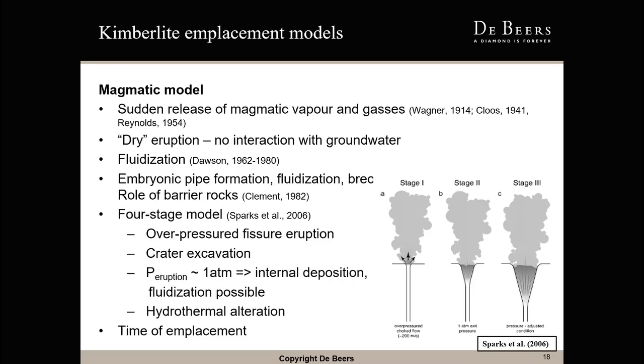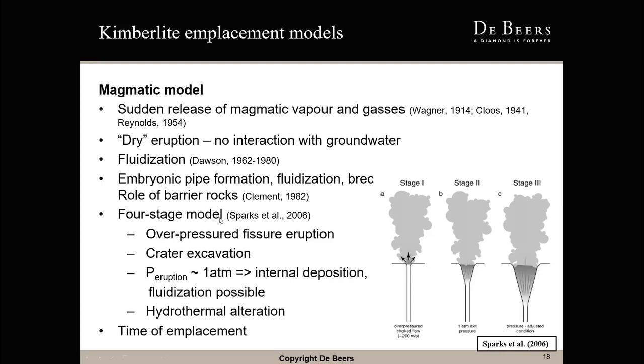For example, in the case of Clement, who advanced the model further with the concepts of the embryonic pipe formation, fluidization basically refers to the downward movement of a degassing front into the pipe, whereas Sparks basically views fluidization as the upward flow of gas through the pile of the ejecta. And the most recent work on this, on the magmatic front, basically was the 4-stage model by Sparks in 2006.